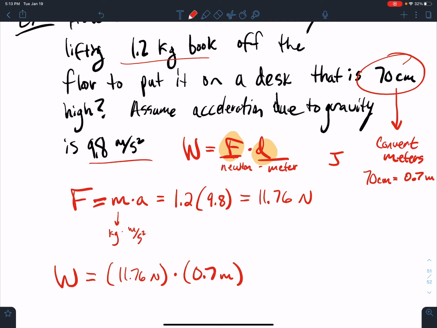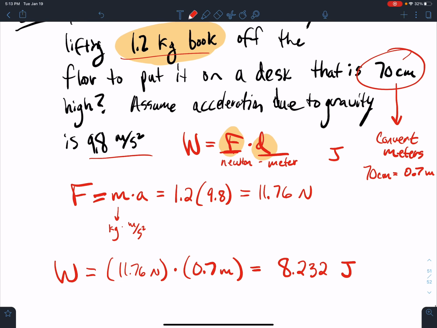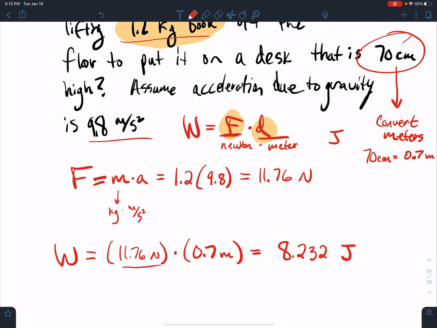So make sure that your units are correct. If your units aren't correct, that's how you mess up. Multiply this through, you get 8.232 joules, okay? So just be careful. If this would have been in grams, you would have needed to convert it to kilograms. Same thing, it's because you want the end result to be Newton meters, right?